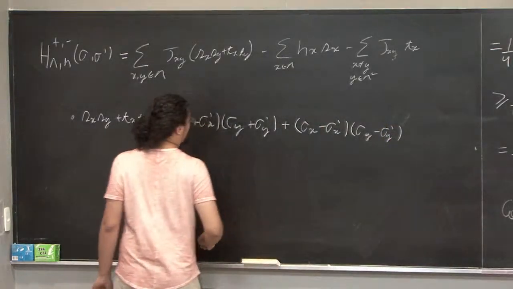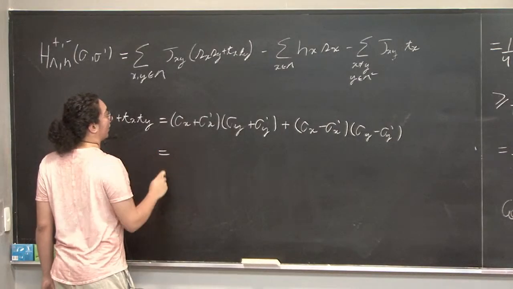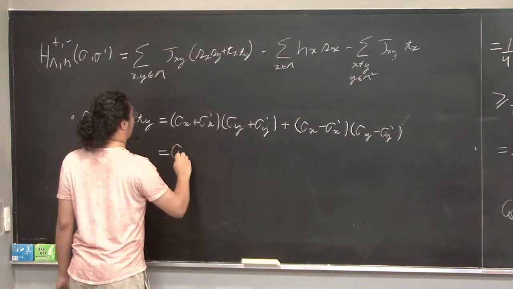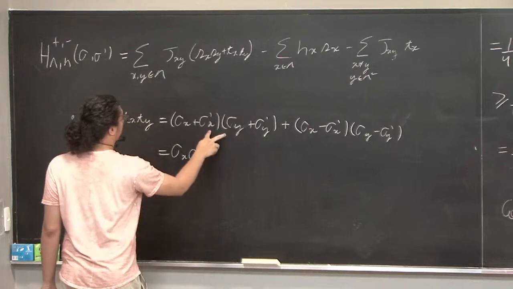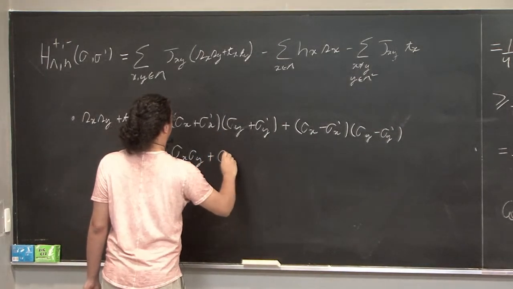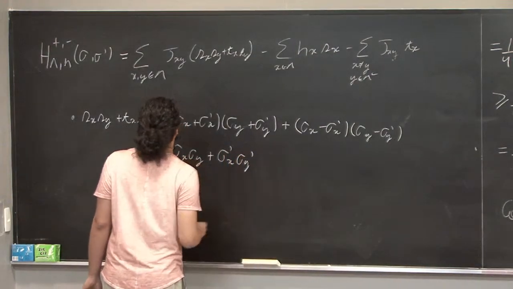And maybe there's a constant there. Let's see. Here I have the crossed term, sigma x, sigma y, and here I have two crossed terms. Oh, I have this also, sigma prime x, sigma y.